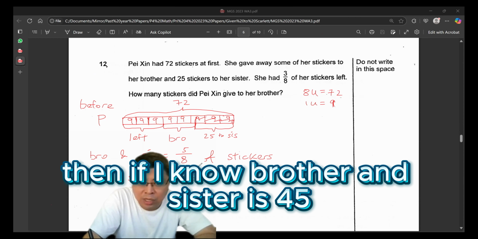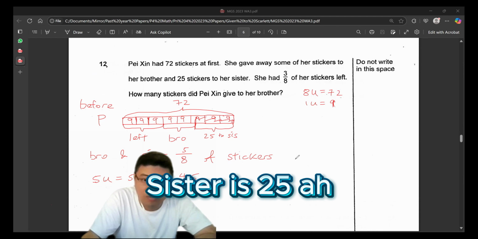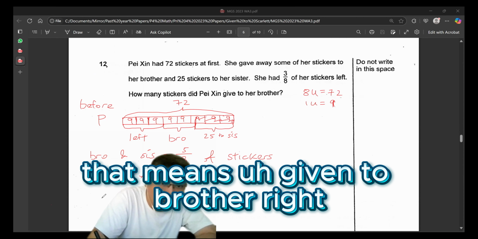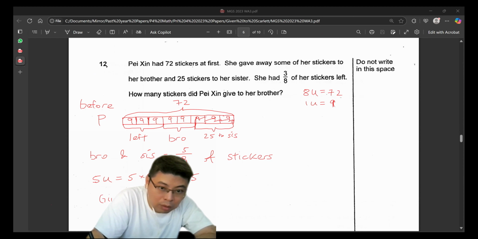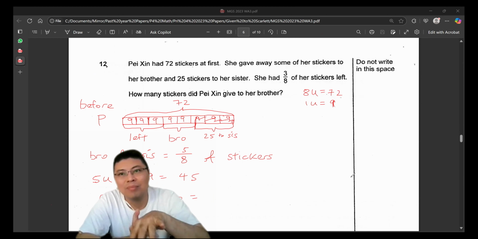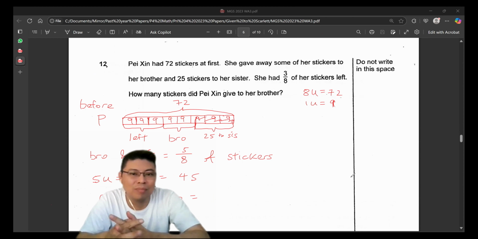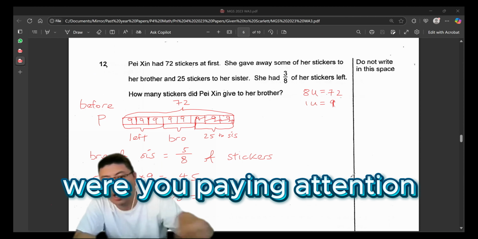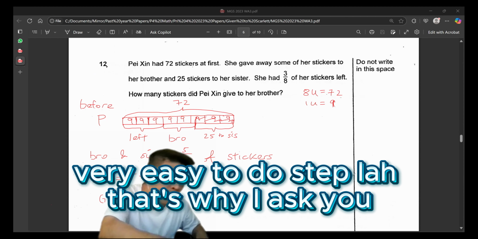Then if I know brother and sister is 45, sister is 25, that means given to brother, right? How to find? What must you do? Will you pay attention? Because now is very easy to do step.